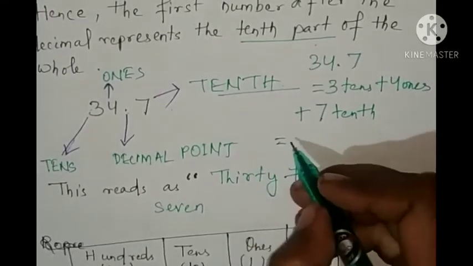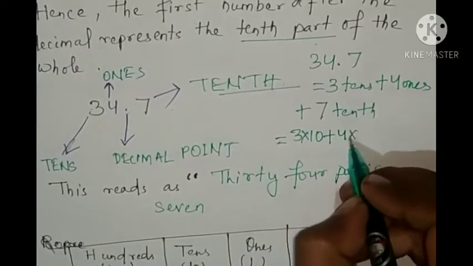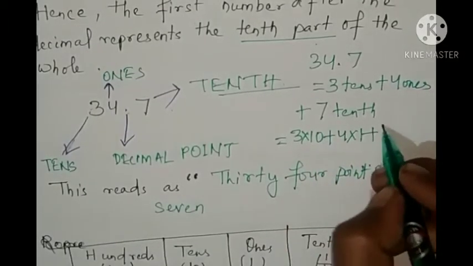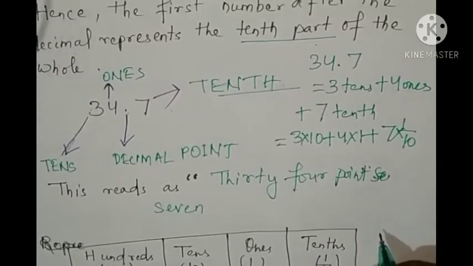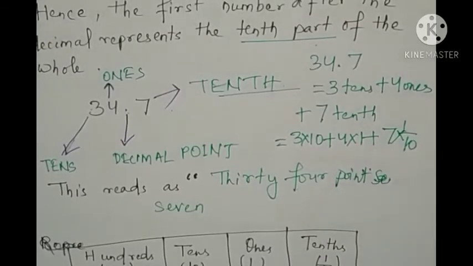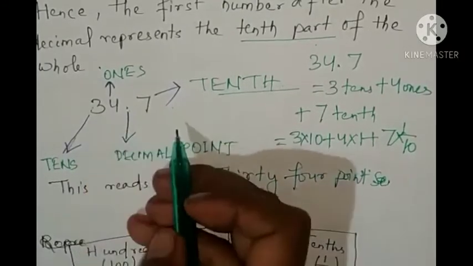You can write 3 into 10 plus 4 into 1 plus 7 into 1 by 10. Okay, so this is how we will represent the decimal number.